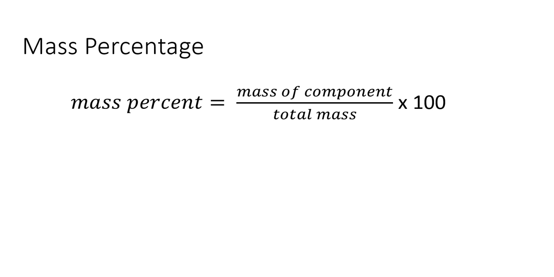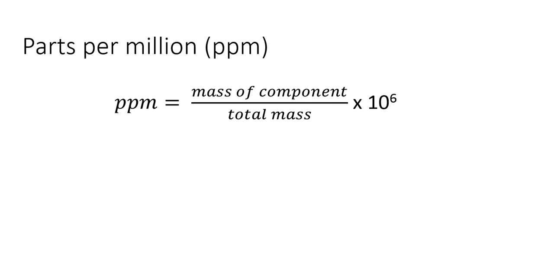So sometimes we need to use other, more appropriate labels, such as parts per million. Parts per million has the same setup as mass percentage. It's still mass of component over total mass, but instead of multiplying by 100, you multiply by 1,000,000, or 10 to the 6th.